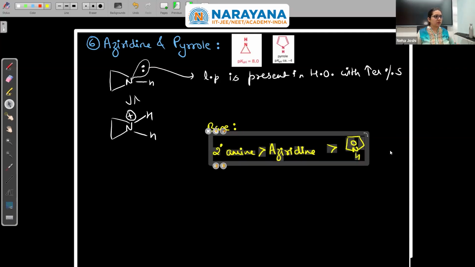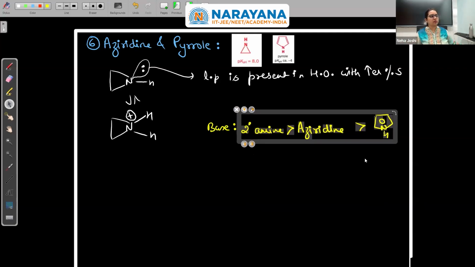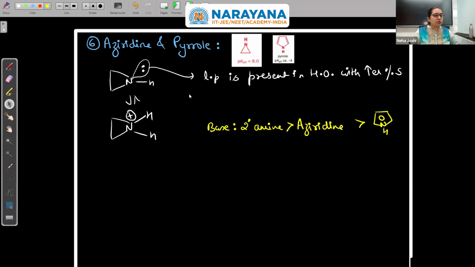It is perfect. So these are the different bases. Now coming back to that NCERT page, and also to give you some general idea of basicity for all these different amines. As I said, it is better to go by pKa values.